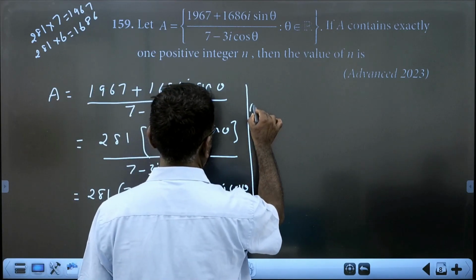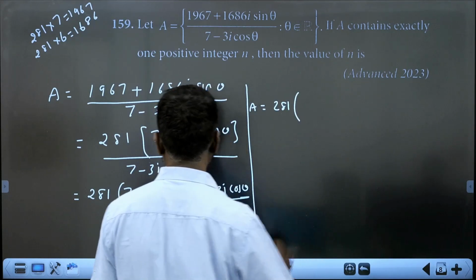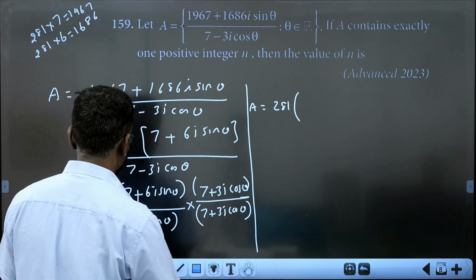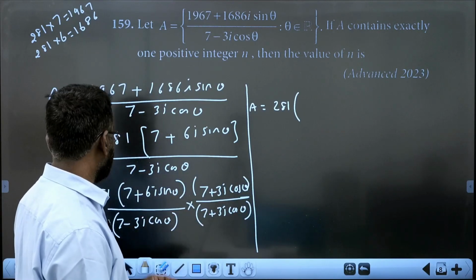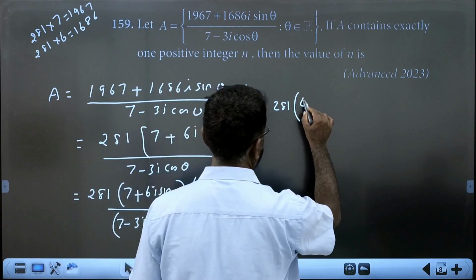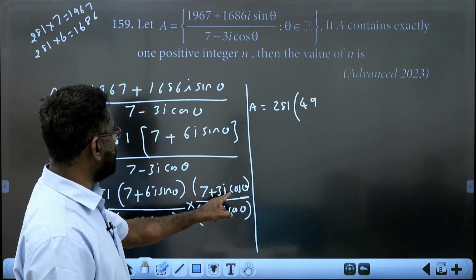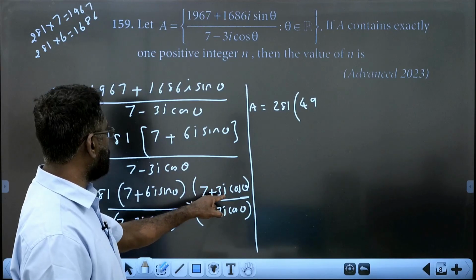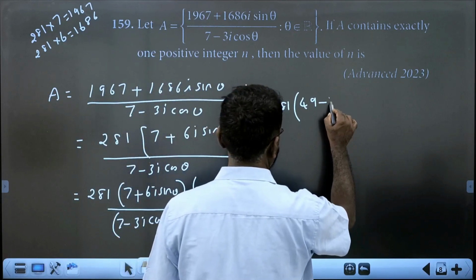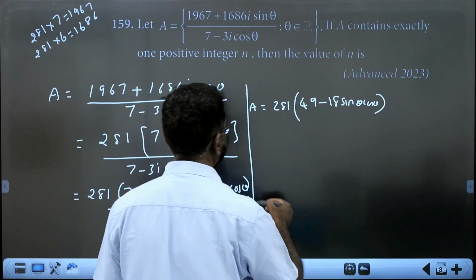So A is equal to 281 into, multiply this. First take the real terms, 7 into 7, 49. Then 6i sin theta into 3i cos theta, i into i is i square, 6 into 3 is 18, minus 18 sin theta cos theta.